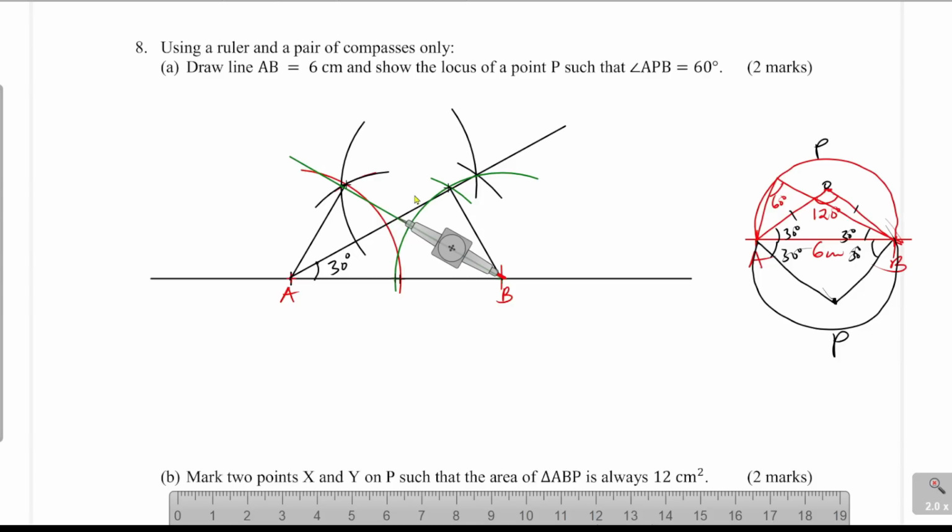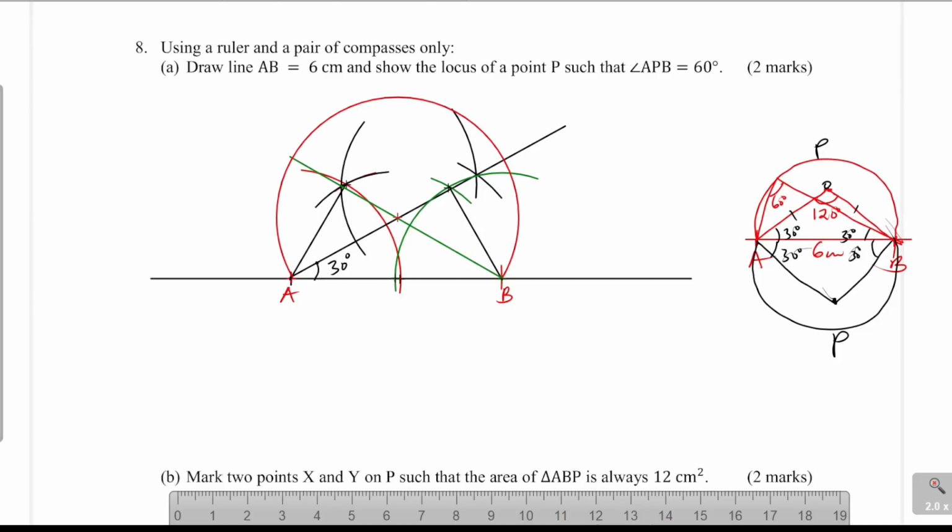So let me repeat. Now it is okay. So you can see that arc that you're drawing. The locus of P will lie anywhere along that arc, using that center there.